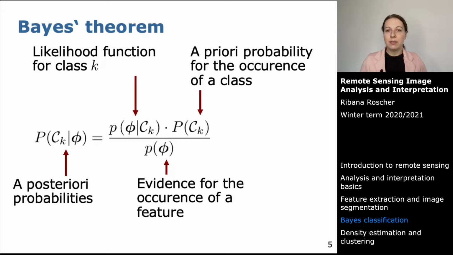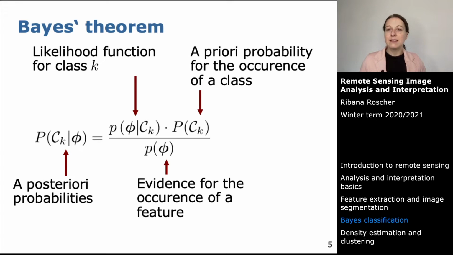Then you have an a priori probability, and this is the probability for the occurrence of a specific class. And as the name says, it's a prior value, and this is something you know beforehand. And this term is also independent of the data.